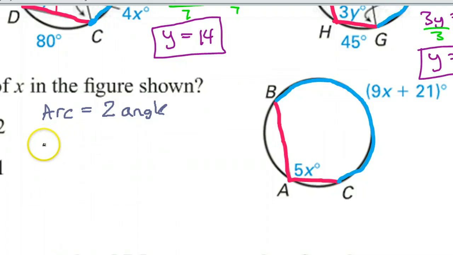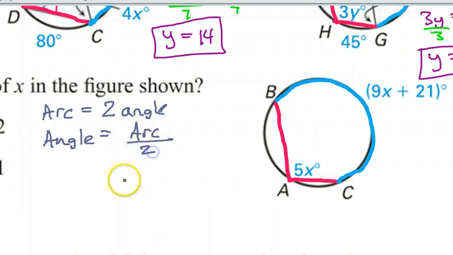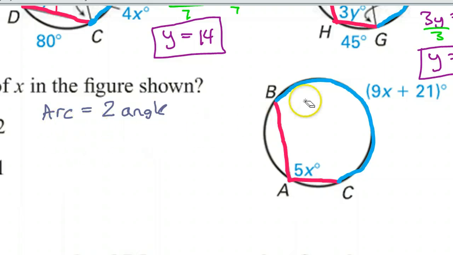Or you could say the angle is equal to the arc divided by 2. You could use either one of these ideas. I try to avoid fractions when I can. So I'm going to use the one where the arc should be double the angle.